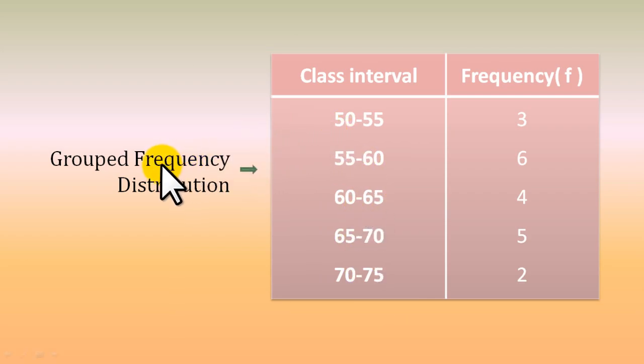Now from the above ungrouped frequency distribution table, we can construct a grouped frequency distribution table by introducing class intervals. Here, as we observe in the class interval 50 to 55, the number of persons is 3.